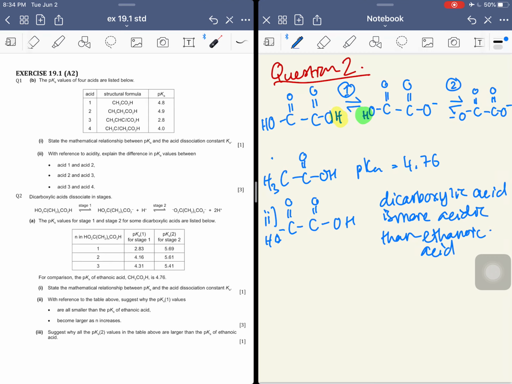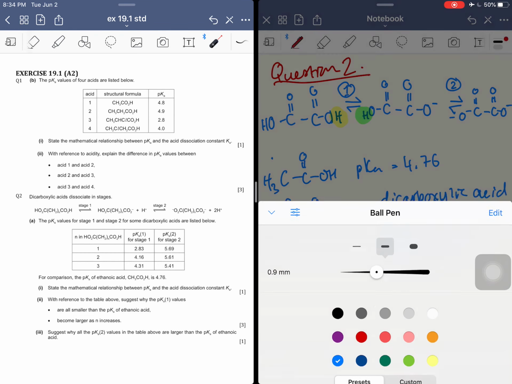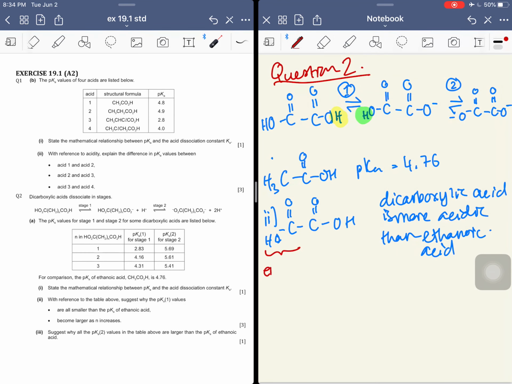There's one thing that you do not know yet, but COOH is actually an electron withdrawing group. So this brings us back again to the stability of the dicarboxylate anion.